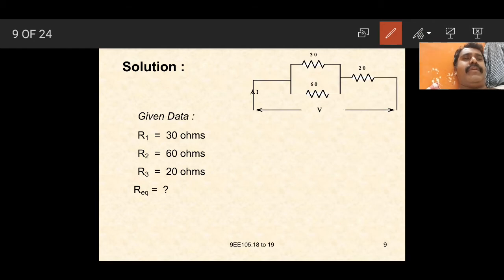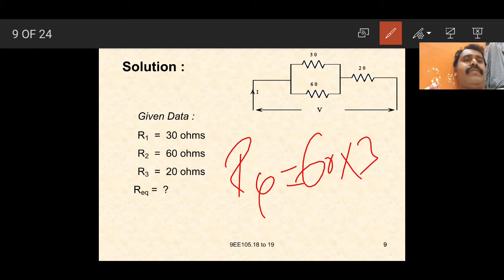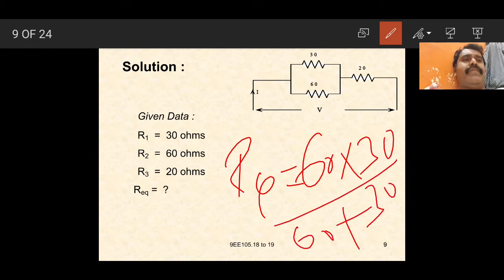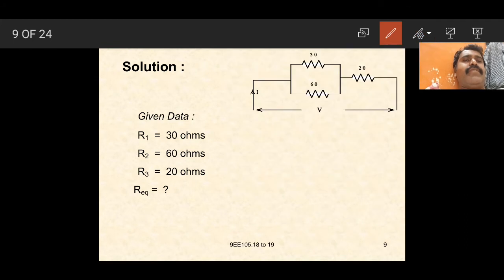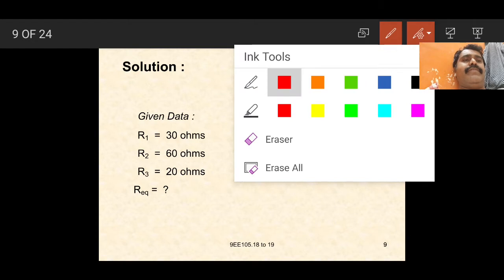So we can assume R4 is equal to 60 into 30 divided by 60 plus 30. So we get some value here. Then R4 comes in series with the 20 ohms resistance, so we have to add, and again we get the R equivalent.